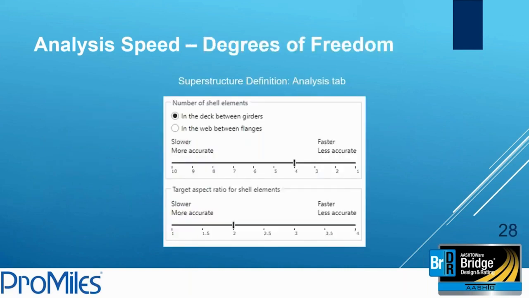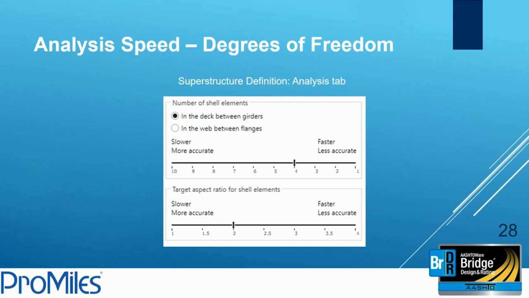So let's talk about the degrees of freedom. This is the window where you select how many shells you want between decks and how many shells you want in the webs between flanges.